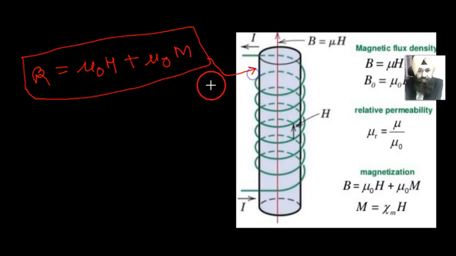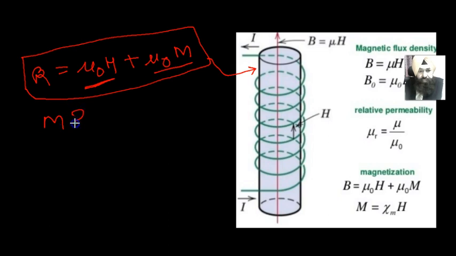So total is B equals mu naught H plus mu naught M.